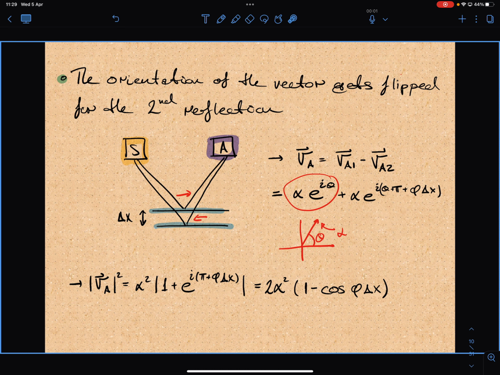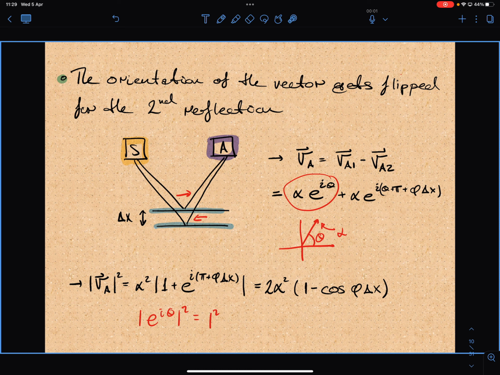Taking the norm square, the coefficient alpha comes out, and what also comes out is e to the i theta squared, but the absolute value of e to the i theta is equal to 1, so this is 1 squared.